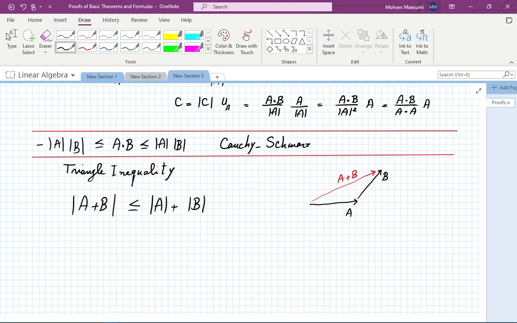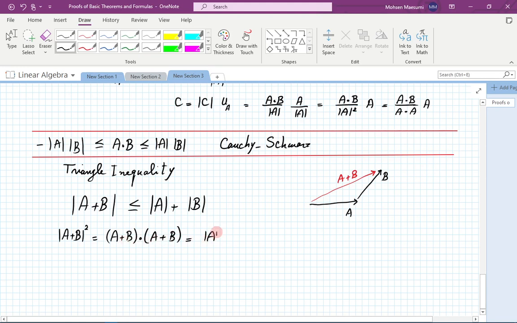So, how do we establish this as a theorem? Here's one way. We can say the length of A plus B squared is equal to A plus B dotted with A plus B. We learned how to dot this last time, so I do it quickly.